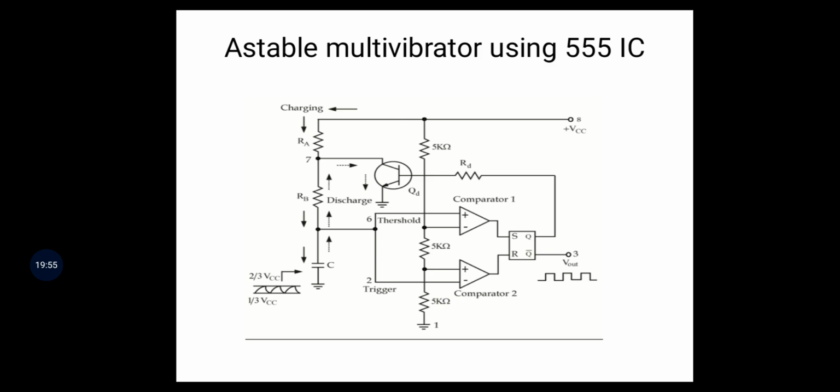It is also known as a square wave generator or free running multivibrator. The astable multivibrator has no stable states. The circuit continues to change from one quasi-stable state to another. That's why it does not require any external triggering pulses.